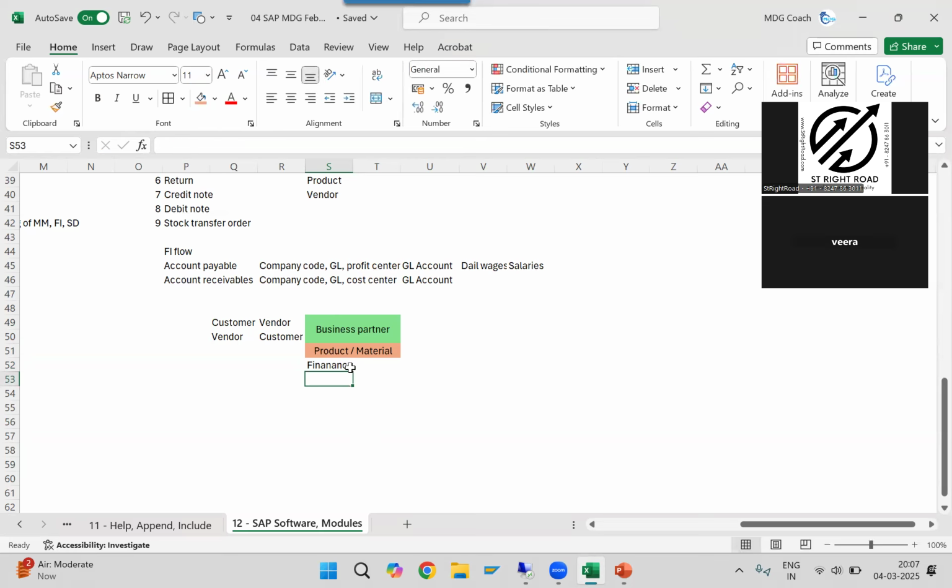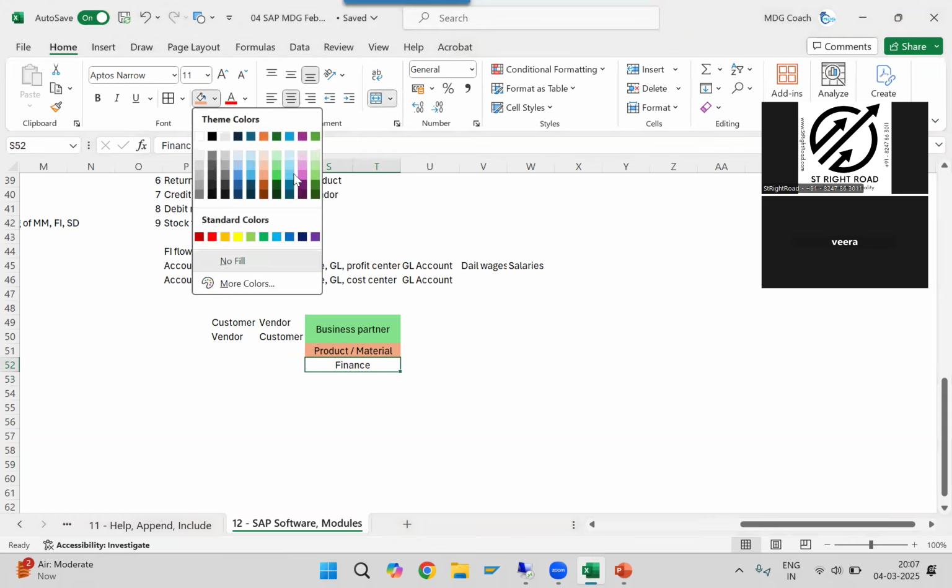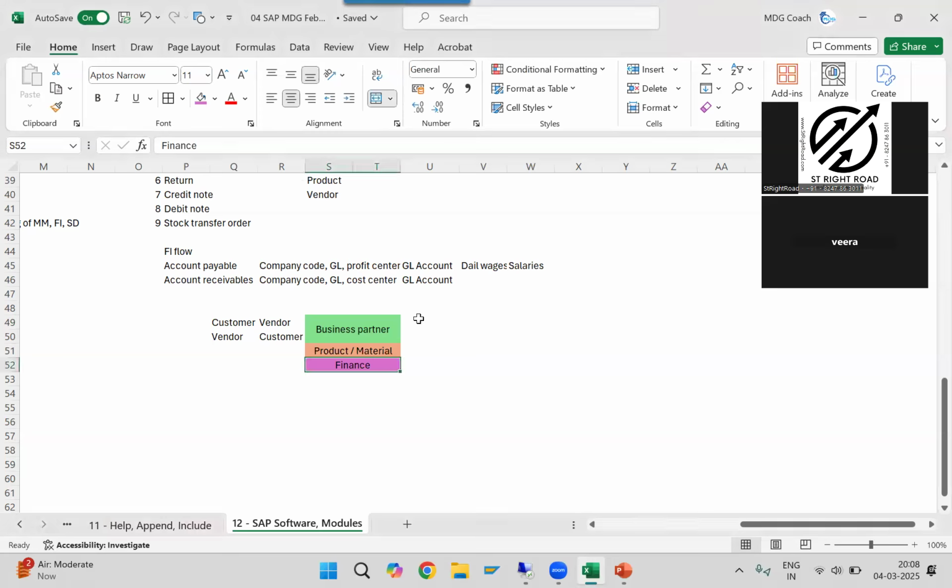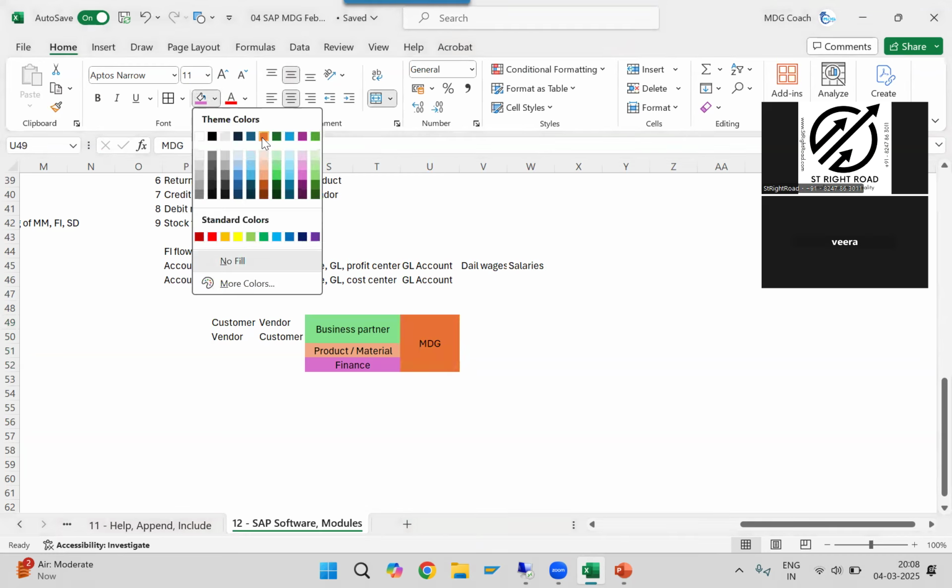Under finance, many topics are there: company code, GL account, profit center, cost center, all these things. We'll discuss them later. So these three we are going to handle from MDG. This is the main component we are going to deal with. All these we are going to handle via MDG.